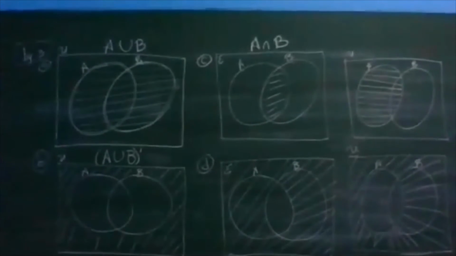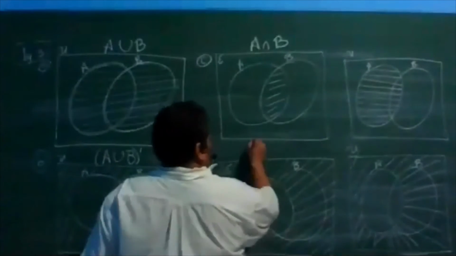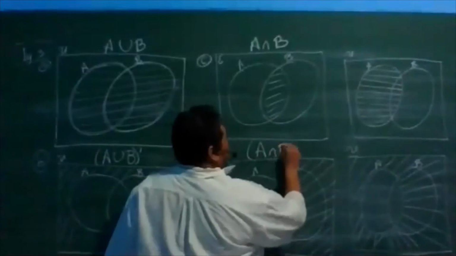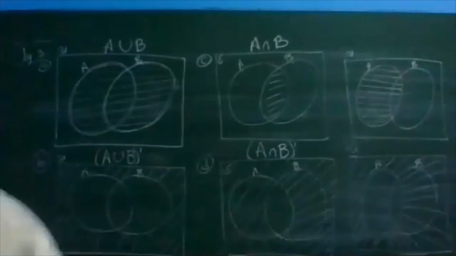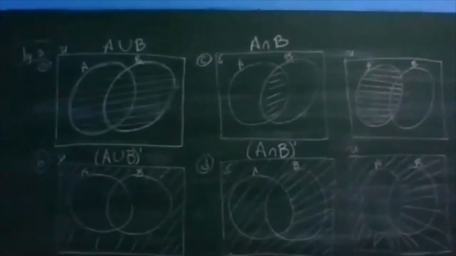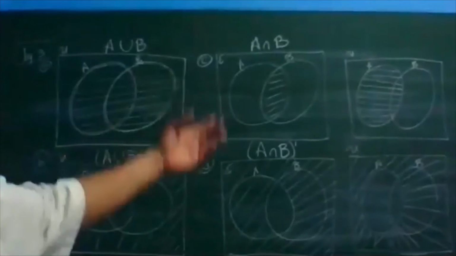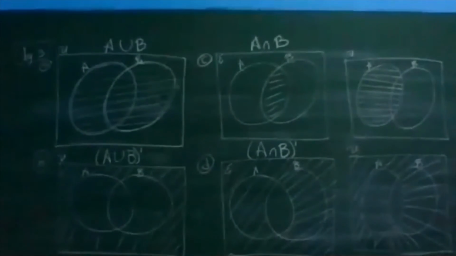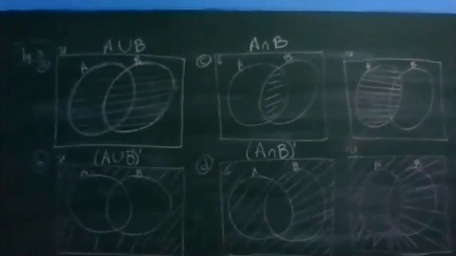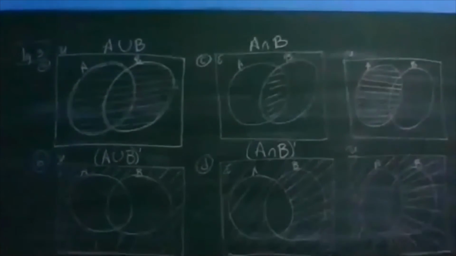That word is from yesterday: complement. So that means that D is A intersect B complement. Everything outside. In other words, D is the opposite of C. All right?